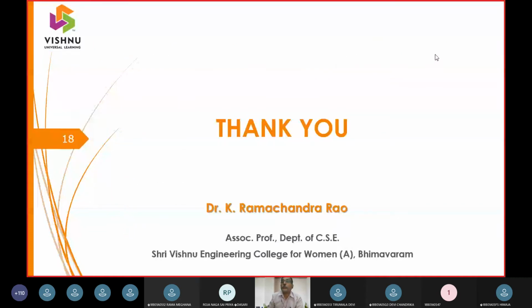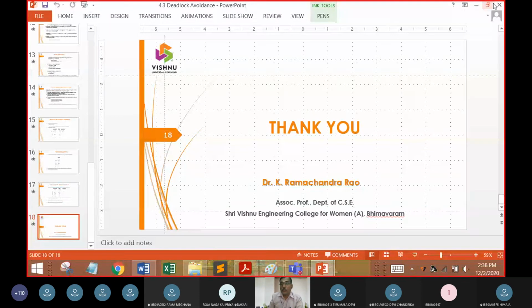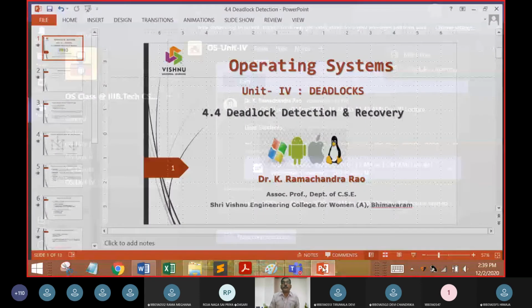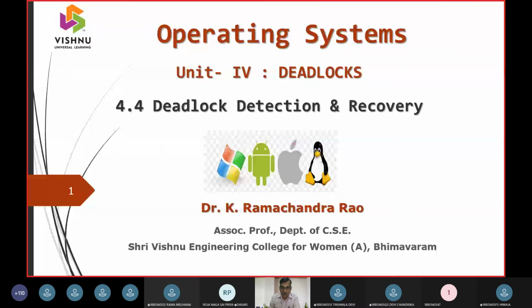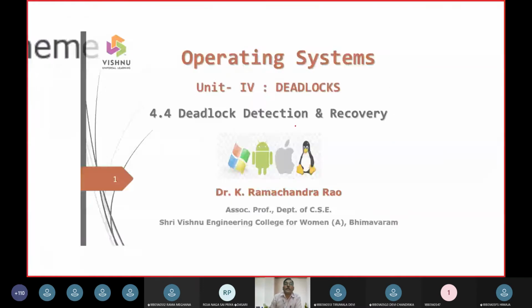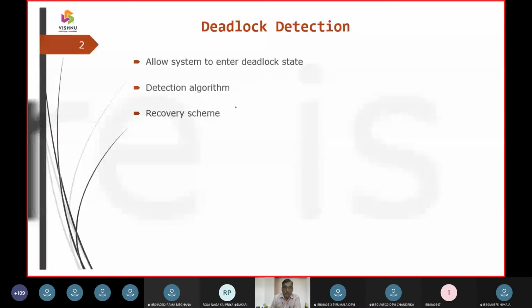So now let us take up the same scenario and see how this is processed in another iteration. For that, we are going to work with one more topic here, that is the deadlock detection and deadlock recovery algorithm. Deadlock detection is one phase and recovery is another phase in deadlock.